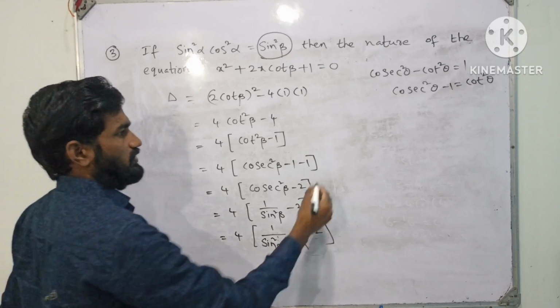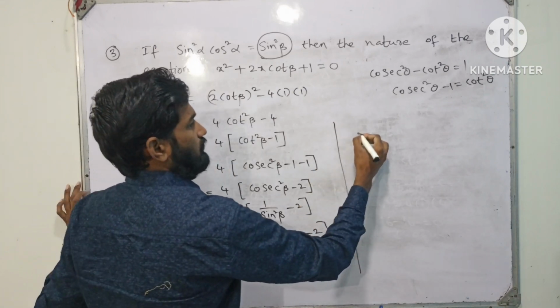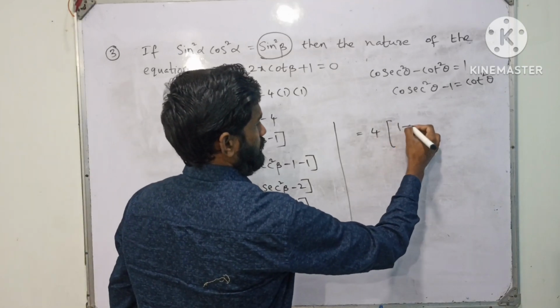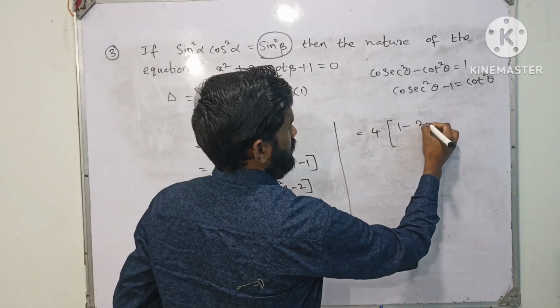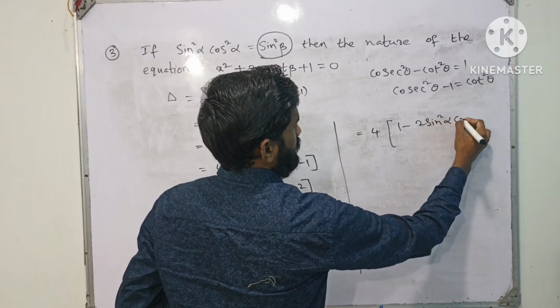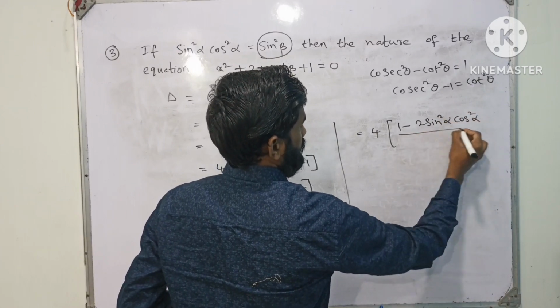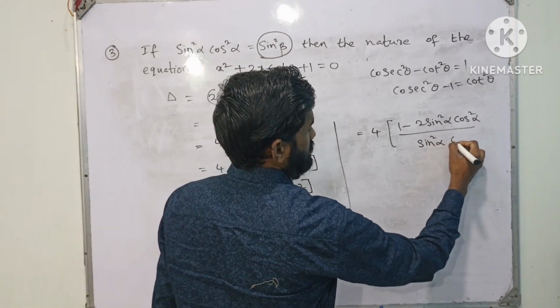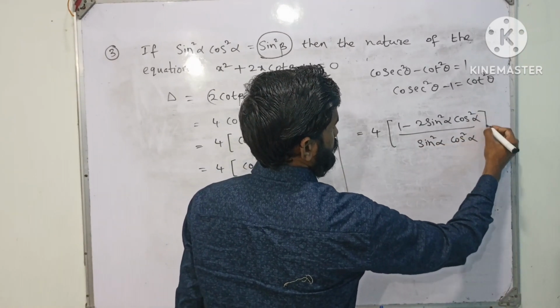Now take LCM, what will you get? Which is equal to 4 into (1 minus 2 sine square alpha cos square alpha) by (sine square alpha into cos square alpha).